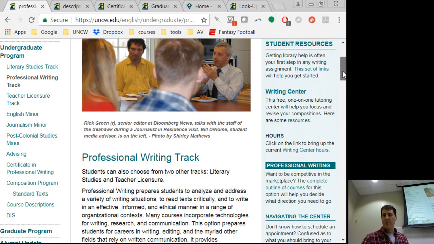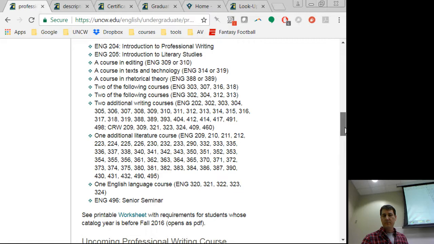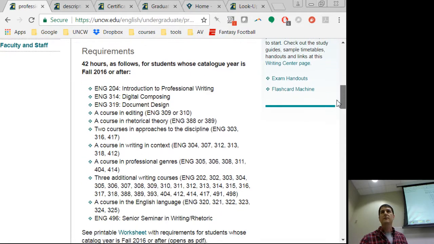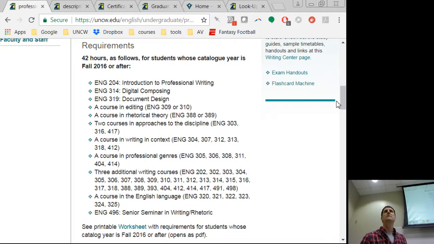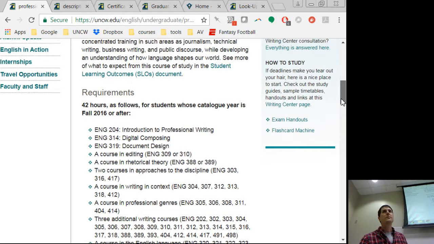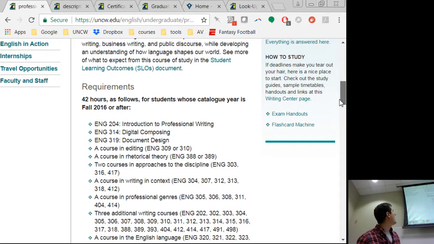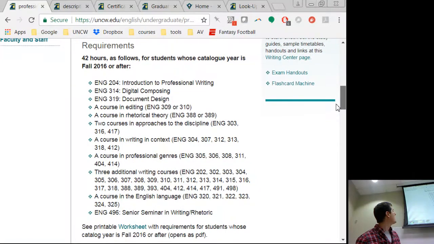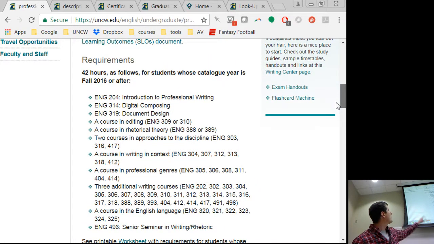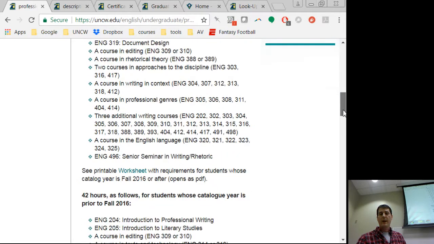So those are there. You've probably all seen your worksheets, correct? Has anyone not seen their worksheet? Just in case, right now we're sort of between the older catalog, which is pre-2016, if you came in before there, I think it's fall 2016, or if you came in after there.